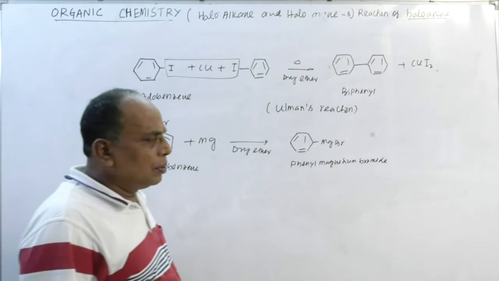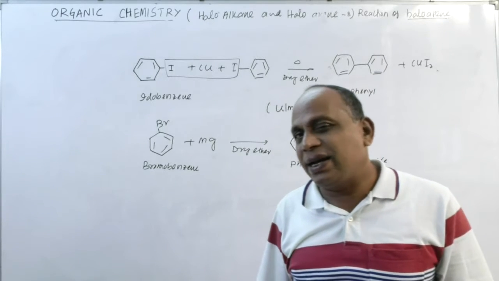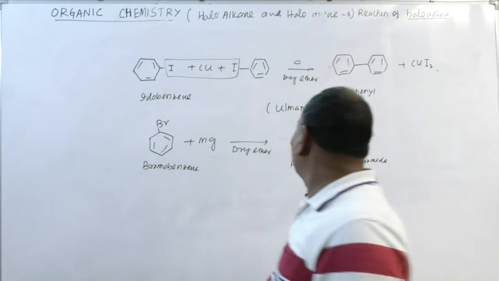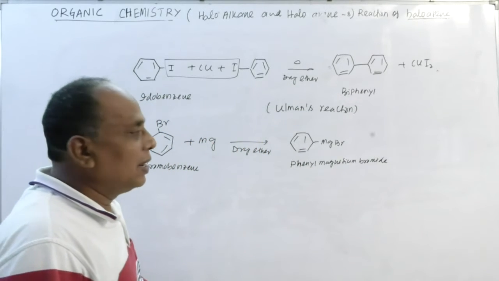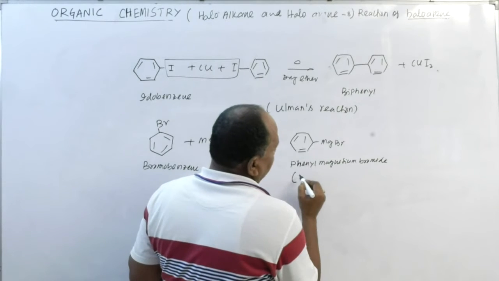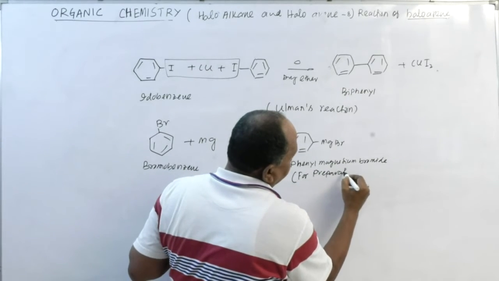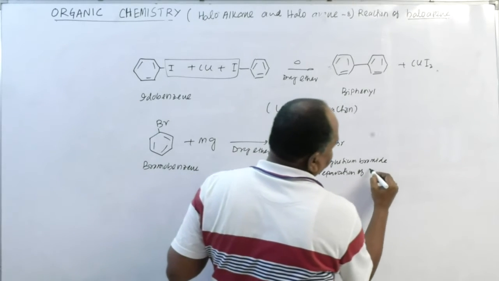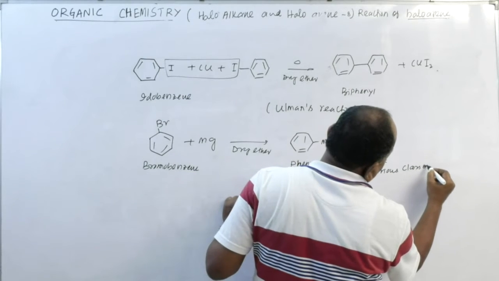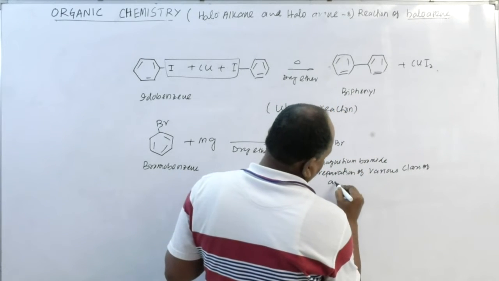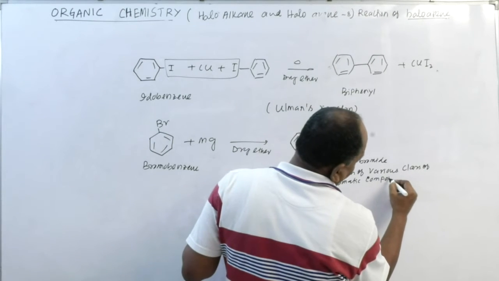And you know, alkyl magnesium bromide is known as Grignard's reagent. Like that one, phenyl magnesium bromide is one type of Grignard reagent, and it is used for the preparation of various classes of aromatic compounds.